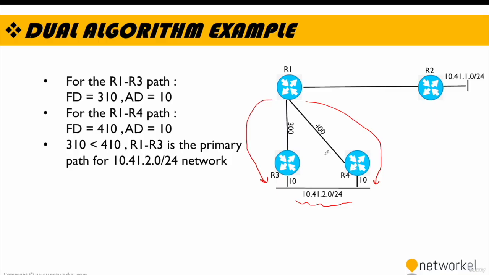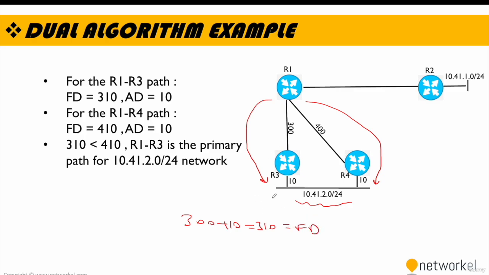For this path, the feasible distance is 300 plus 10, which is 310. That is my FD.